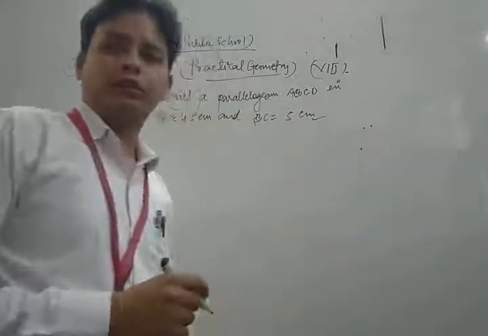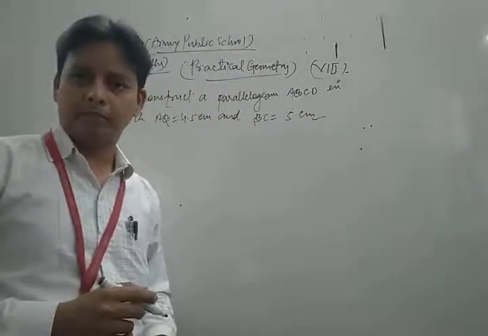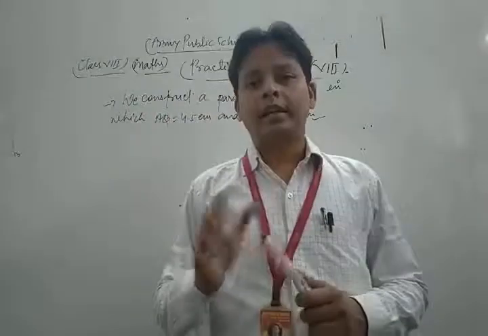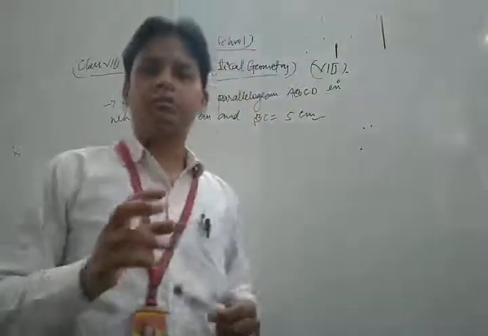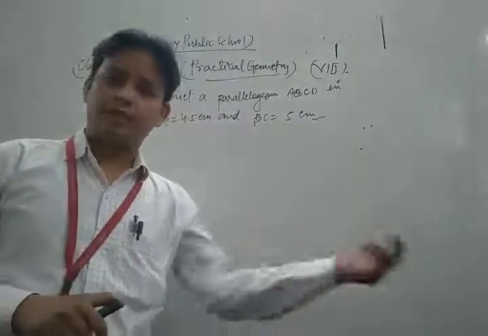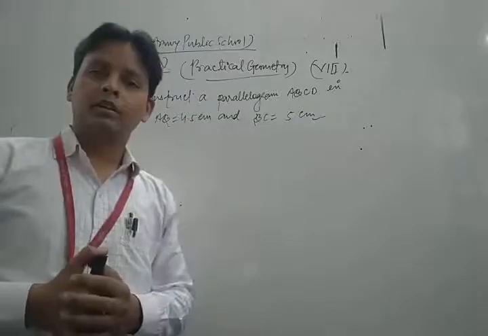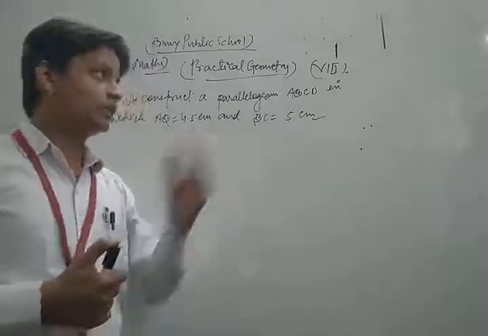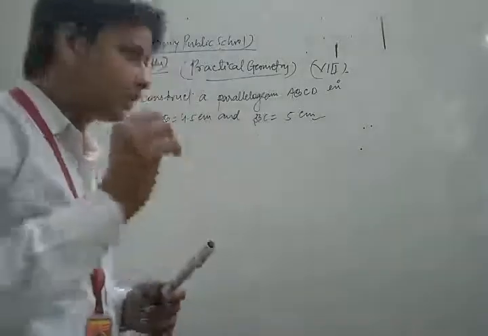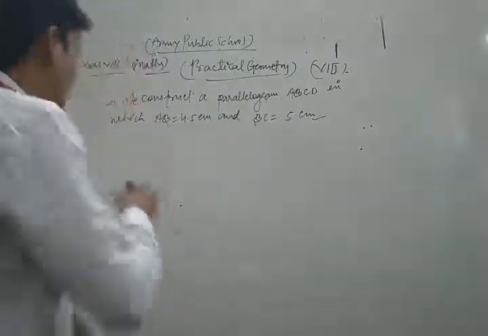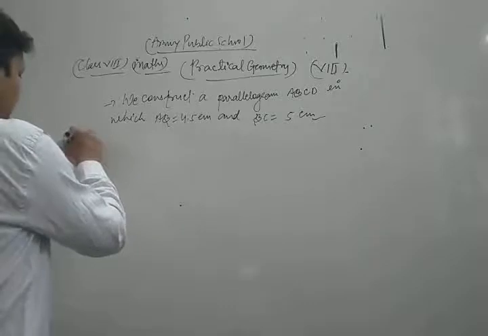Suppose that we construct them. Okay, dear friends, first of all, a parallelogram is a region bounded by 4 line segments. So 4 line segments we have to construct that parallelogram ABCD. So please clear the concept of the property of parallelogram. Let's see the solution.